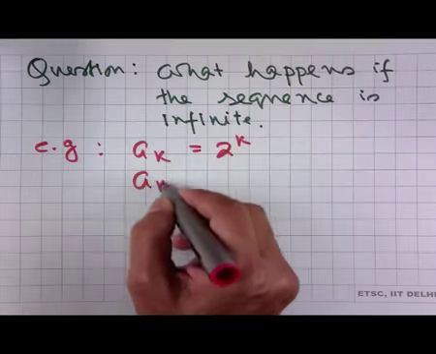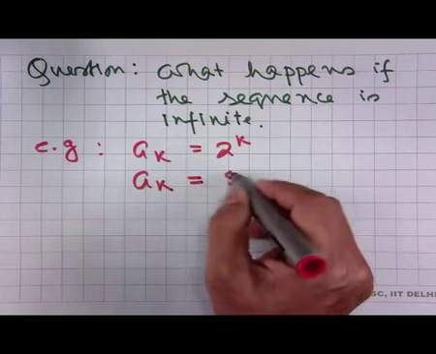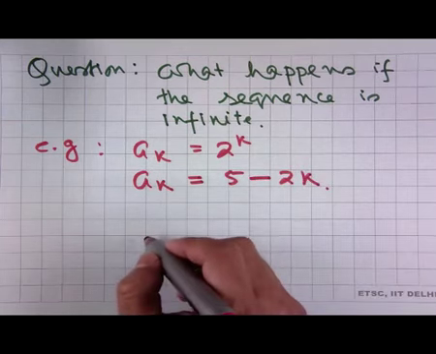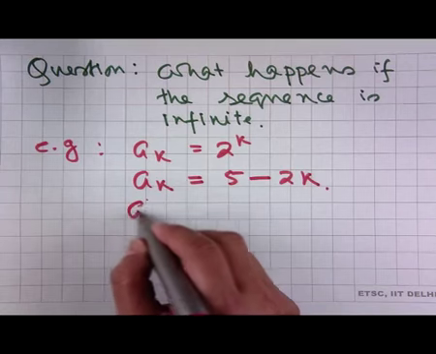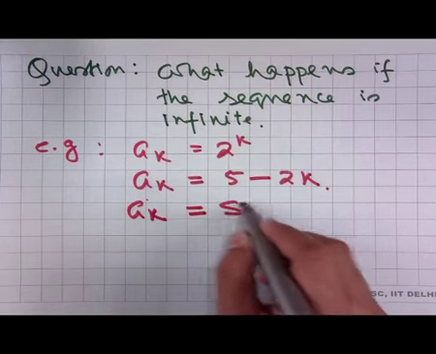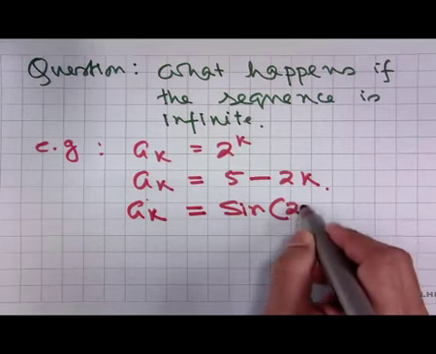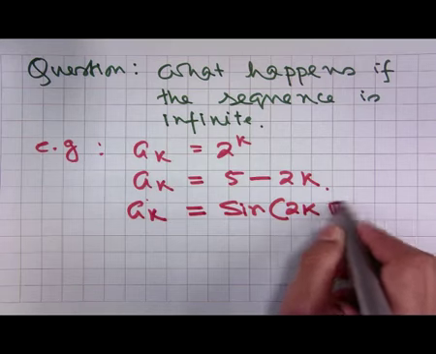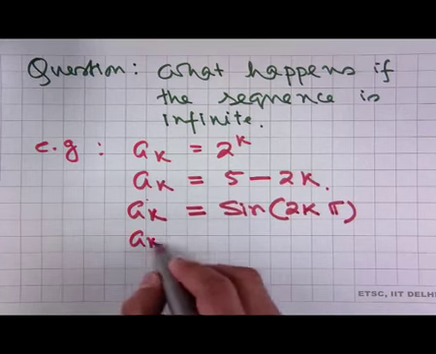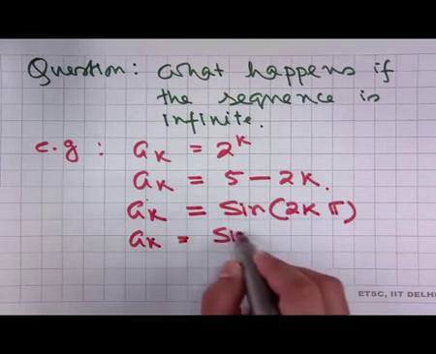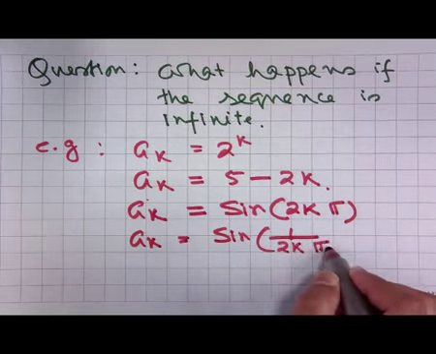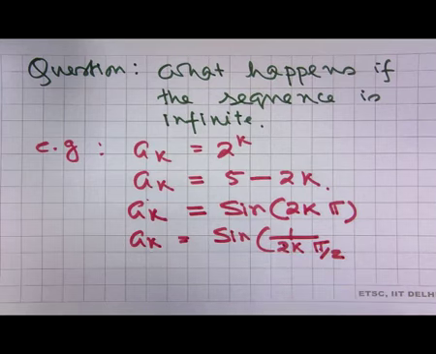Another example, a k is equal to 5 minus 2 k. Another example, a k is equal to sine of 2 k pi. Another example, a k is equal to sine of 1 upon k pi by 2.